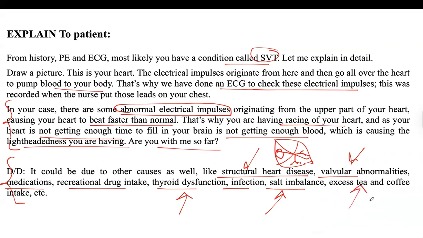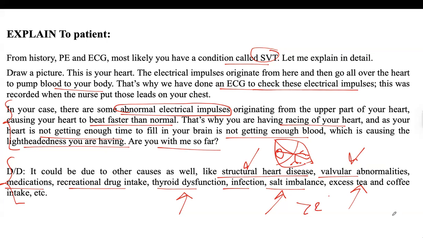It can also be due to excess tea or coffee. So these are also causes of SVT in a way. But among all of these, most likely your excess coffee intake is contributing to this. Ideally, you should not drink more than 2 cups of coffee in a day. So please lower it down and hopefully this will not recur anymore.